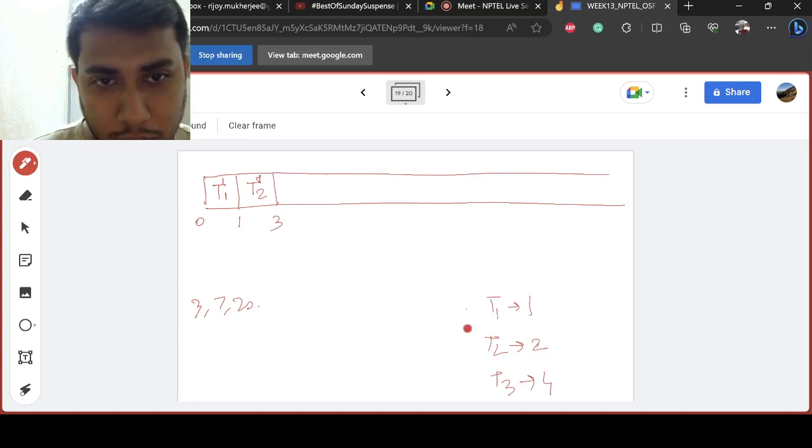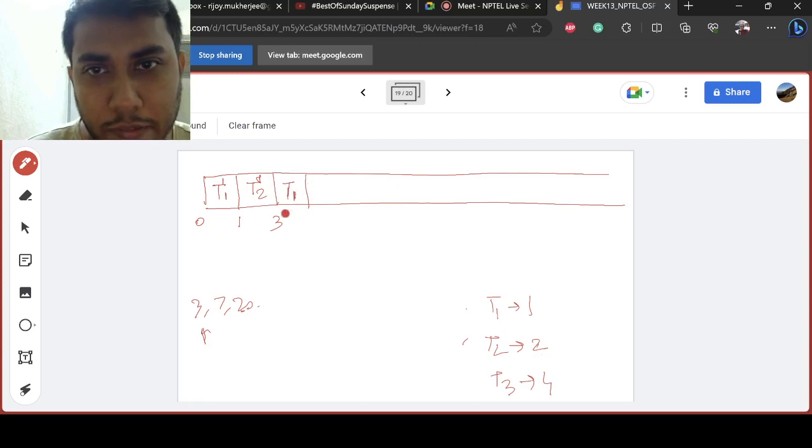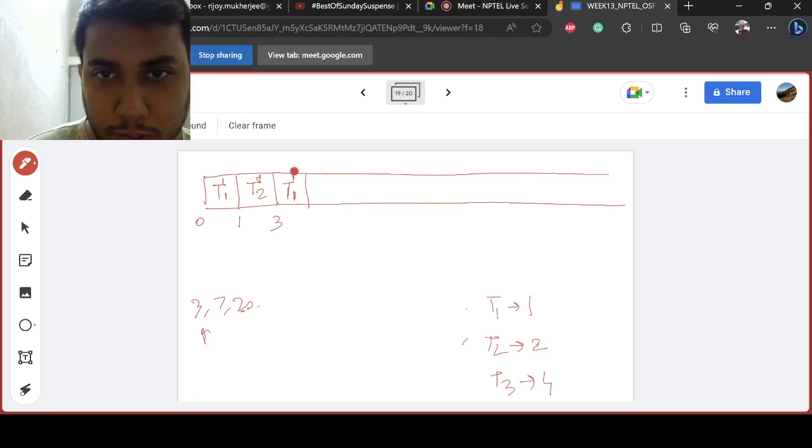Now in the third second, T1 arrives again, so the next instance of T1 arrives. It has the shortest time, so that one is scheduled first. So it is done.